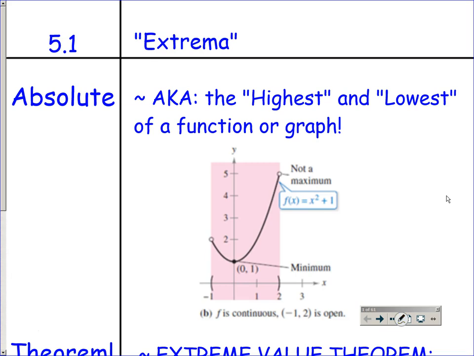Because x squared plus 1 doesn't exist there? No, it exists there. But it's not a hole in context of the function. Isn't this guy's domain all real numbers? He's a polynomial. So why did they put the hole? No, derivative exists. Not vertical.